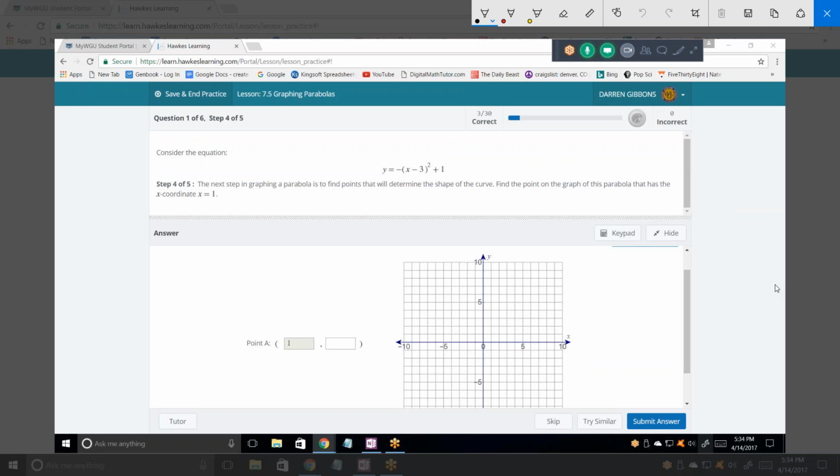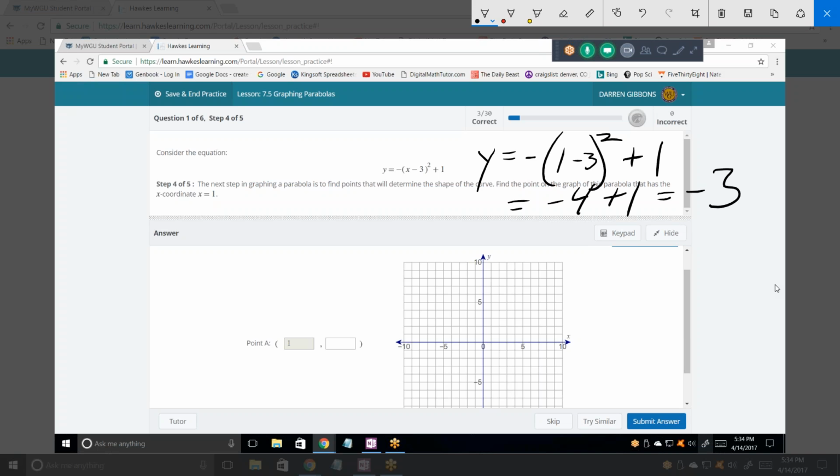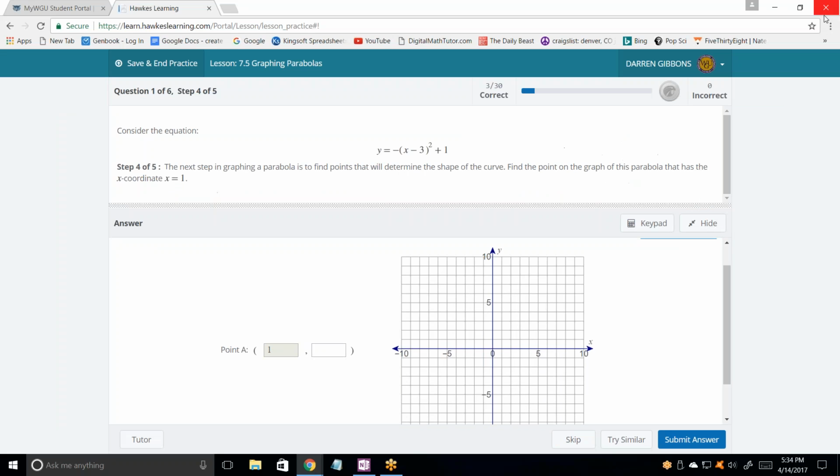All I'm going to do is write this equation, y equals minus, and plug in 1 for x. What's the answer to that? Negative 4 plus 1. Good. That's negative 3. That's what goes in the y coordinate, negative 3.